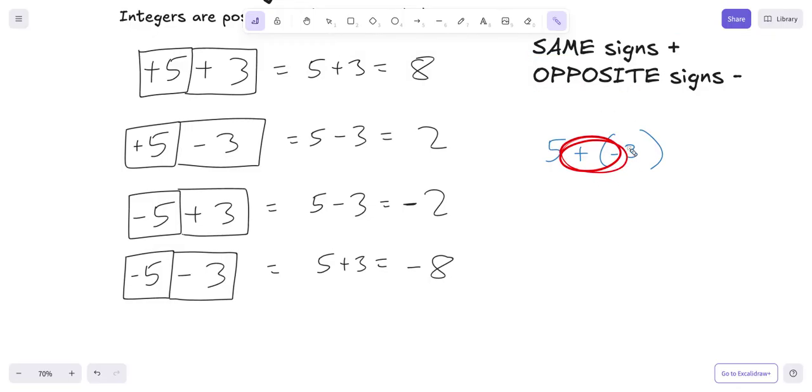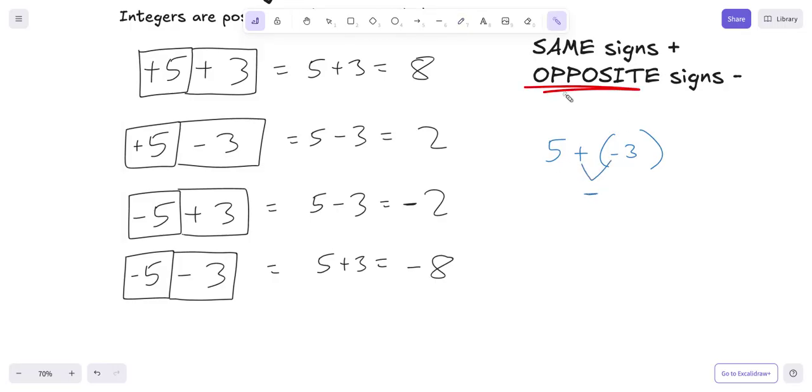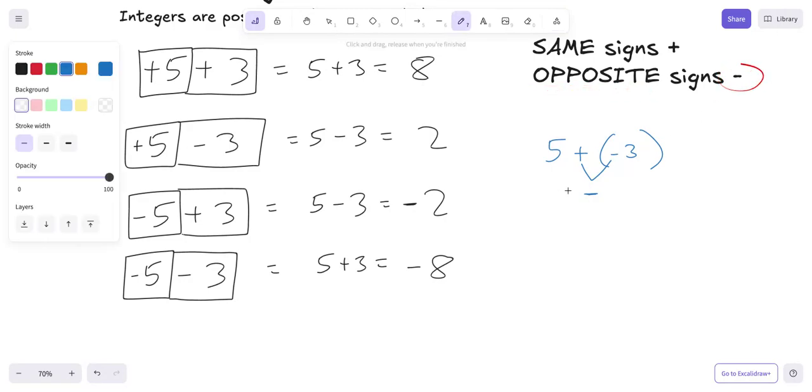Well, these two signs are opposite signs. So that means we replace them with a subtraction. We combine these two signs into a minus, because opposite signs make a minus. So rewrite this as 5 minus 3, and that's equal to 2.